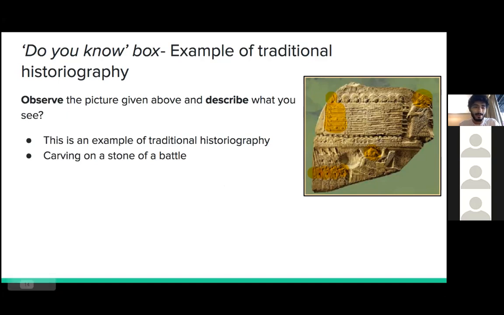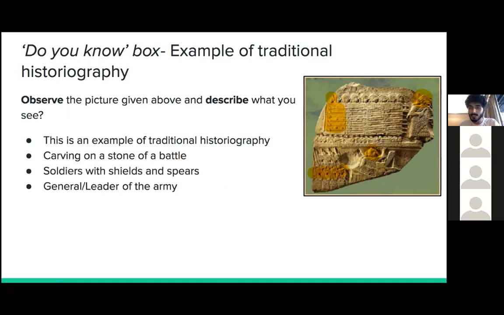So if you look at it, I'll just go through all of these. These are soldiers, right? All of these people are soldiers. You can see that's the head, that's the shield, right? And these lines are their spears, right? Which they use to fight with people. So these are soldiers. This is the leader. If you can see, he looks different. He has different clothing, and they're all fighting. They're going to war.